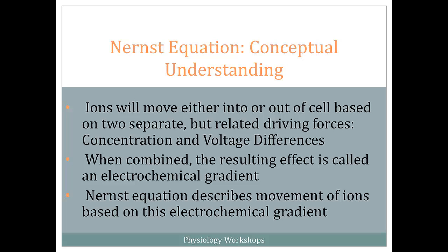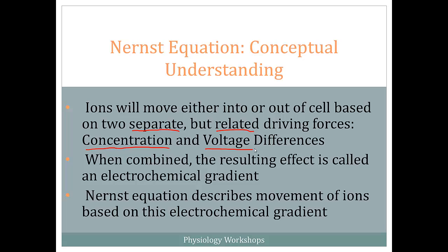So the Nernst equation tells us how we know which direction ions will flow when specific channels are opened, and at what point the ions will stop wanting to flow in that direction. It says that ions will move either into or out of a cell based on two separate but related driving forces. So it's important to note that they're separate, but they are related as well. So the concentration and voltage differences are going to be those driving forces.